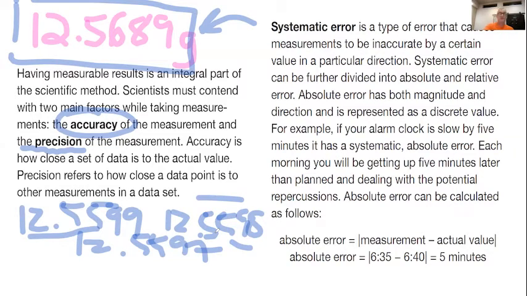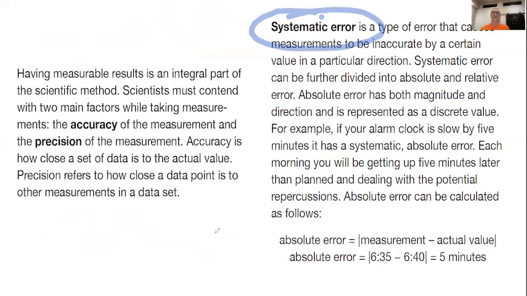So the sort of errors that crop up when we're taking measurements are systematic errors. Systematic errors are generally ones that are basically our fault, because we're using an instrument and we're not using it correctly.